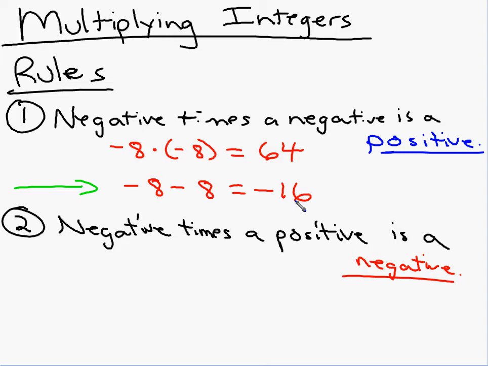Number two is kind of the same thing. A negative times a positive, like negative 7 times 5. A negative times a positive is a negative. That'd be negative 35. But what if I had negative 5 plus 7?